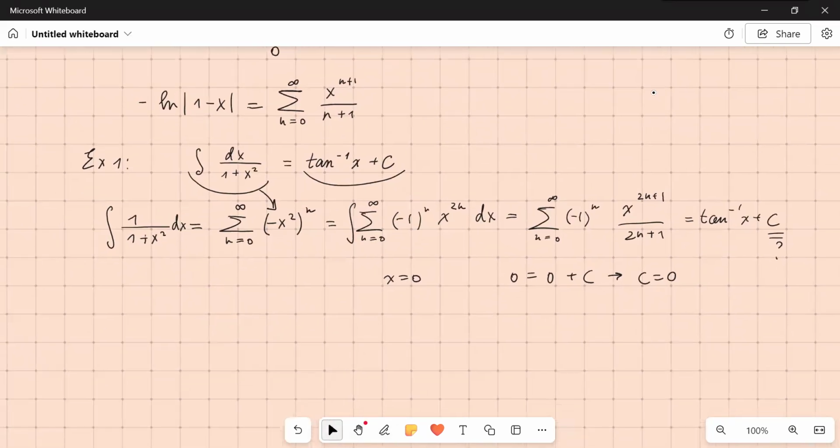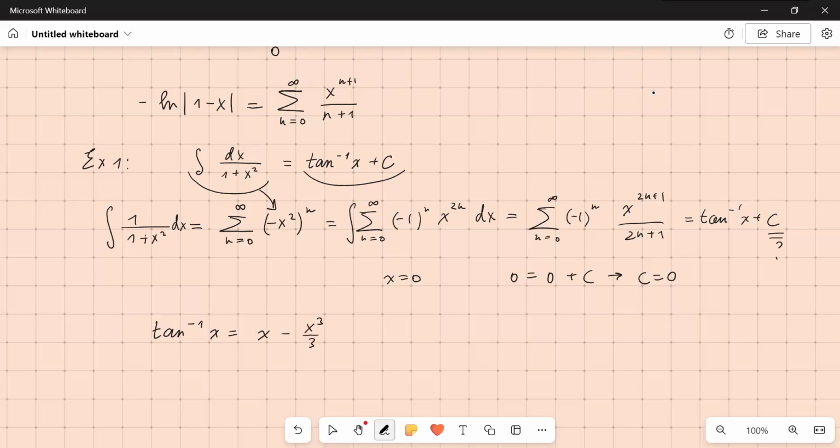Now I'm going to use this representation to show you an interesting fact about tangent inverse. Guys, I'm going to actually write down the terms of this series. So I'm going to set up n equals 0. For n equals 0, this one is going to be positive, and this one is going to be x, and this one is going to be 1. So we are going to just have x. And then when n equals 1, it's going to be negative, x cubed, divided by 3.